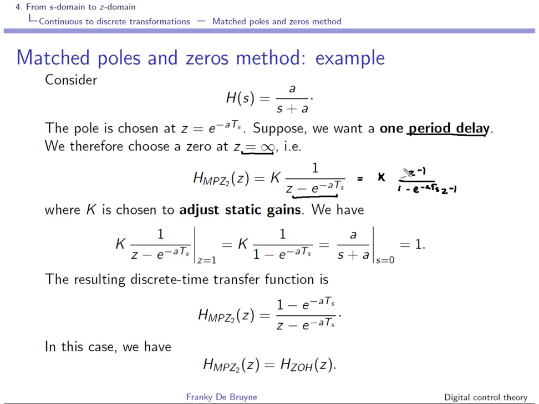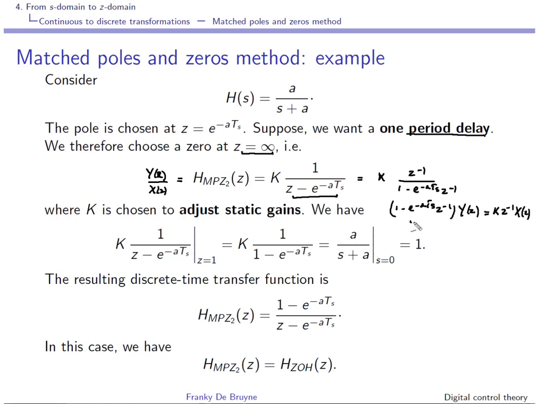Okay, so you have clearly here a delay in the system. If you write this as Y(z) over X(z), what you will have is that (1 minus the exponential of minus aTs z^-1) Y(z) is equal to k z^-1 X(z).